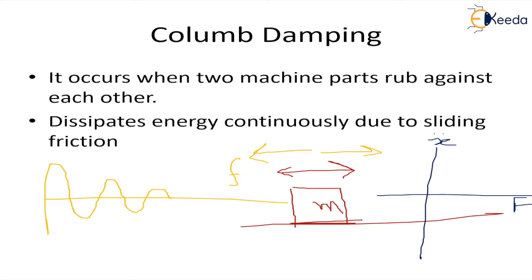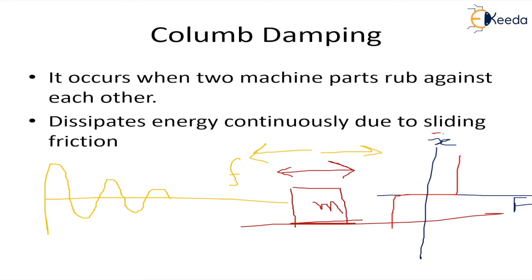The value of force will remain constant until it reaches a limiting friction value, and then the acceleration takes place, or you can say the displacement takes place. Similarly, if we go in the opposite direction, unless we reach a limiting friction value there won't be any movement in the body, and once that value is reached, the displacement will take place.